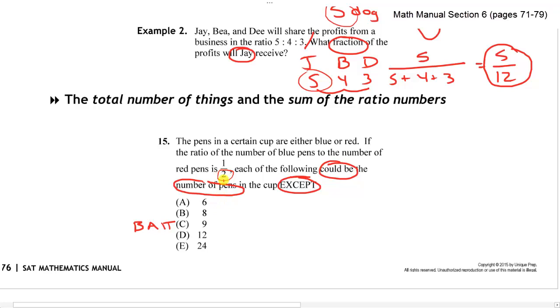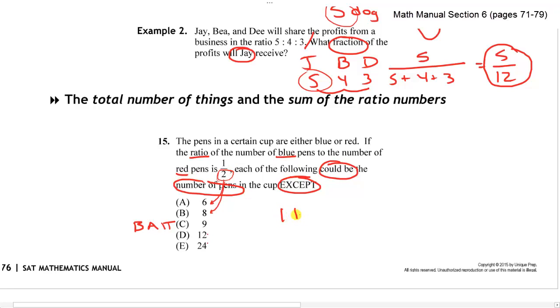They assume that the answer choices have to be a multiple of 2, and answer choices A, B, D, and E are all even numbers. They're all multiples of 2. So students will think that the one odd number in the answer is not a possibility for the number of pens. But remember that they are telling us that this 1/2 is a ratio of blue to red pens.